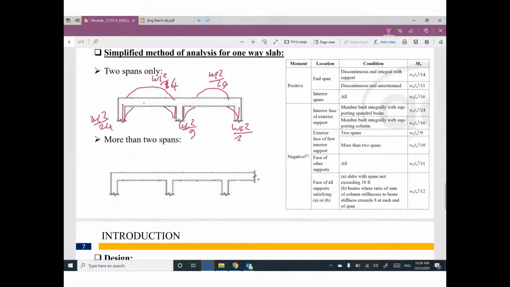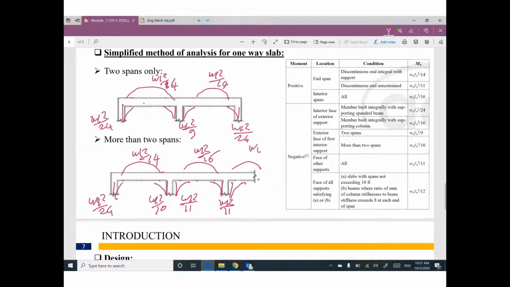If your slab continues for more than 2, 3, or 4, or 5 spans, we have negative, negative, negative, positive, positive. This one, W L square divide 24, W L square divide 14, W L square divide 10, W L square divide 11, W L square divide 11, W L square divide 16, 16, and so on.